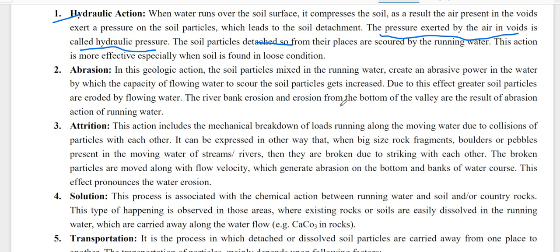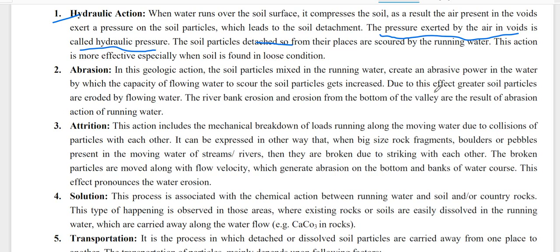और वही बोल रहा है कि जब मतलब कि you can take example of muddy water, then it has the capacity to take soil with it. Okay, due to this effect, greater soil particles are eroded by flowing water.